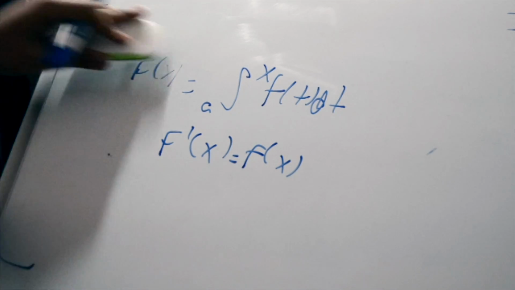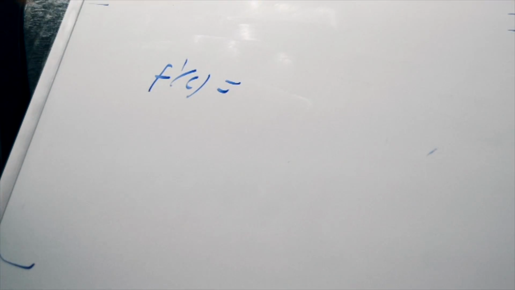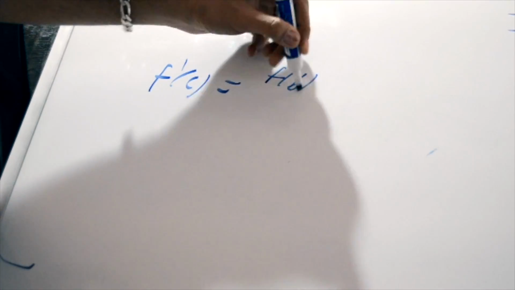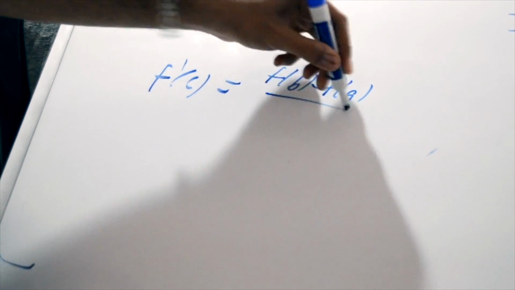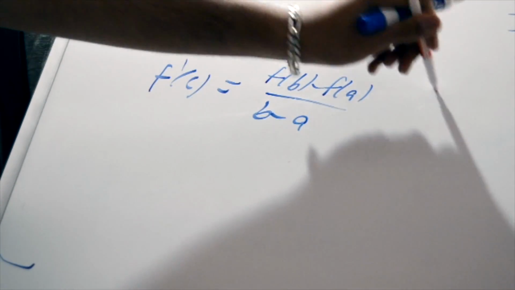And now we go on to the mean value theorem. The mean value theorem just says that f prime of c, so the slope of the tangent at c, is equal to the slope of the secant line, which I'll just sketch for you real quick. I just busted my orange marker right now.